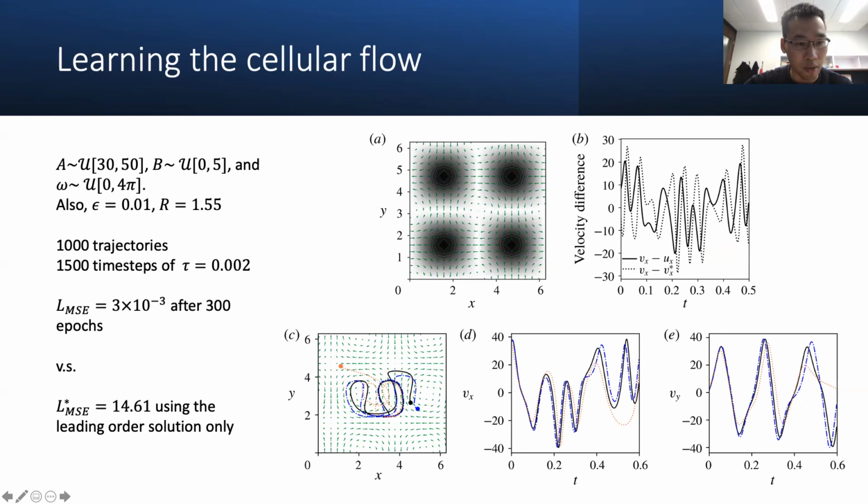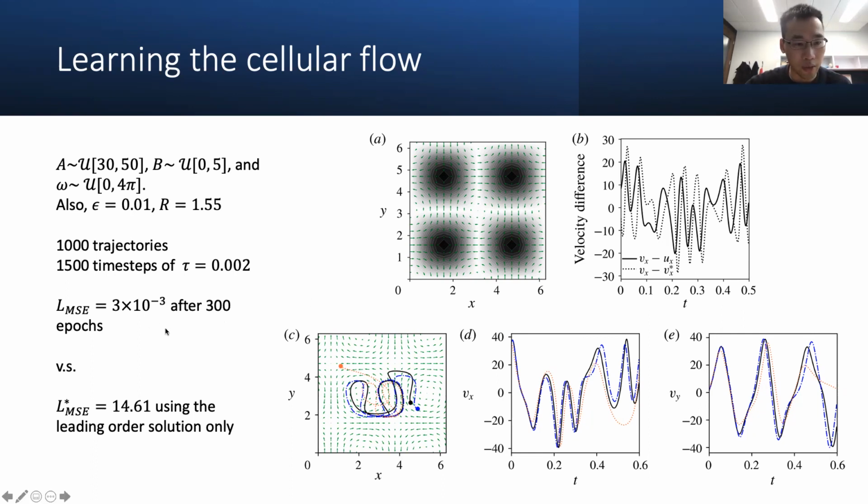During the training, as we said before, this inertia term is small, and the particle density ratio is 1.55. They got 1,000 trajectories by solving the MR equation, and they obtained a long time series that is 1,500 time steps, with each time step of 0.002.